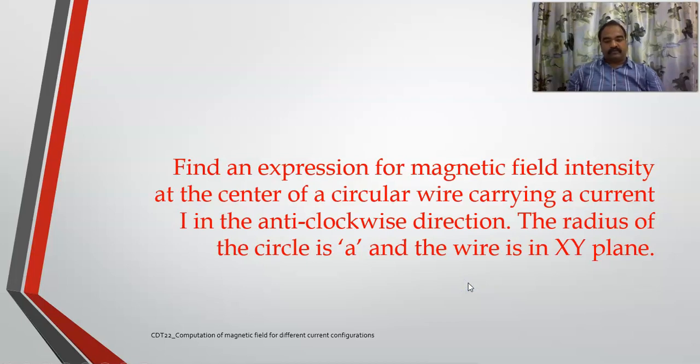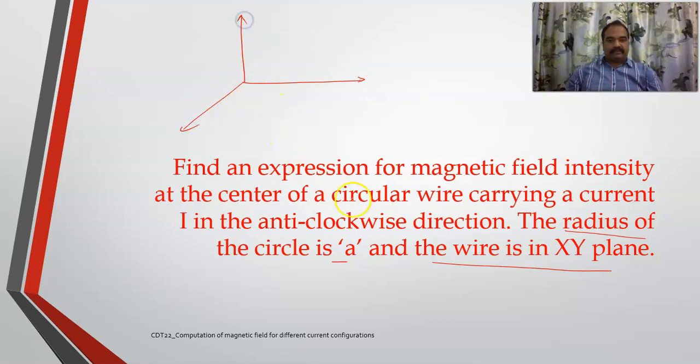So I have corrected this one. The radius of the circle is now A and the wire is in XY plane. Now I'll take an XYZ plane. There is a circular wire which is in XY plane and it is carrying a current I. So I'll take this XY plane.